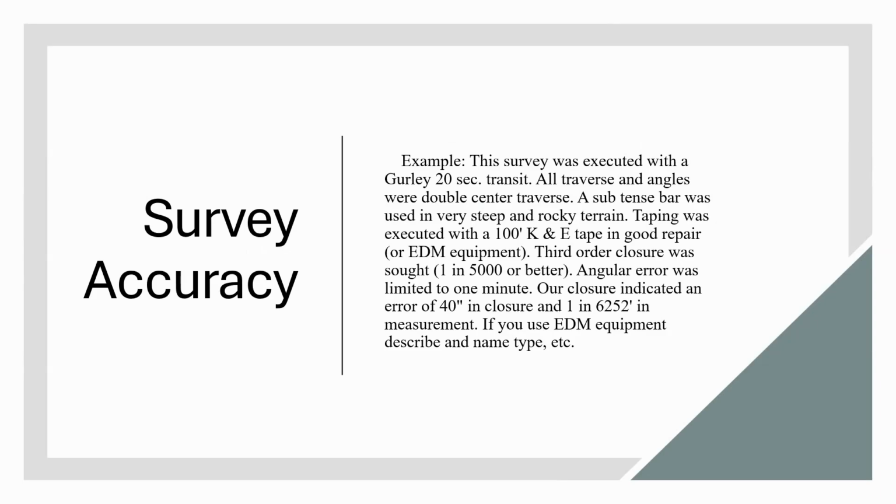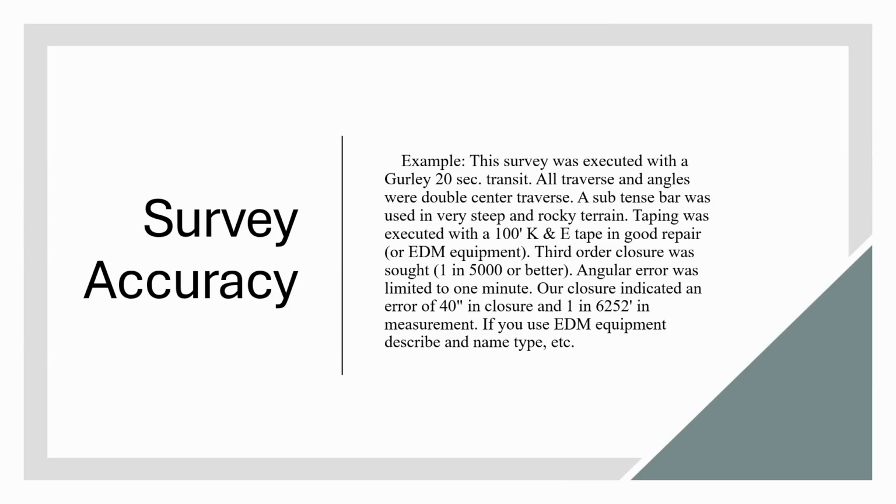So if they were running rods or chains or whatever previously, you've got to talk about what limitations they may have had, and then when you did your retracement or further did your survey, what's the accuracy of your equipment? And then how you improved the accuracy of your measurements. So talk about the explicit equipment that you did use, they did a double center traverse in this example. Did you do this? How did you correct it, or do adjustments to your data?